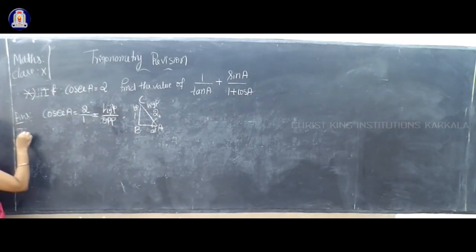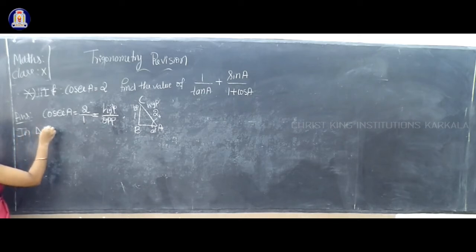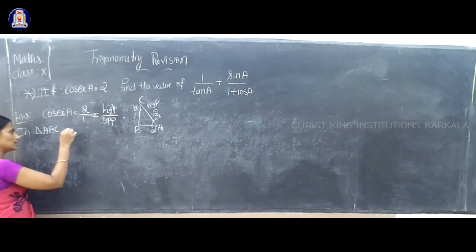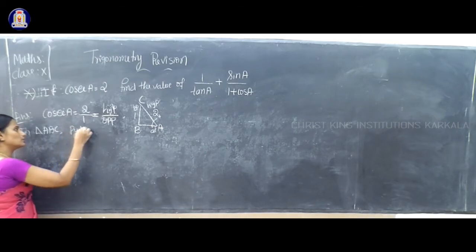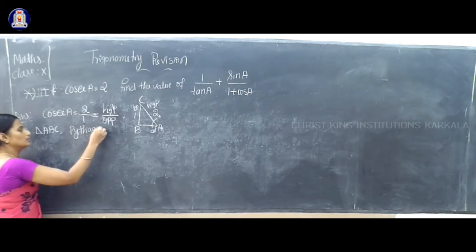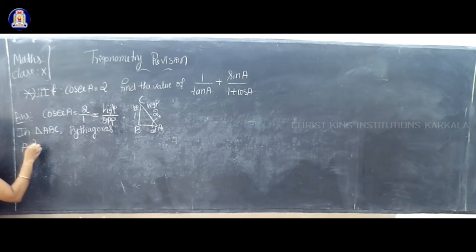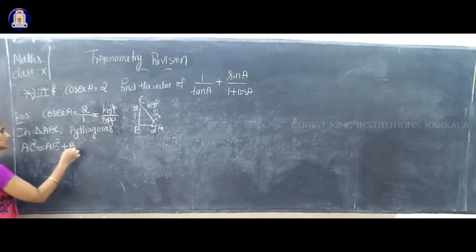How to find the adjacent side? In the right angle triangle ABC, by using Pythagoras theorem. That is Pythagoras theorem. So it is equal to what? AC square is equal to AB square plus BC square.